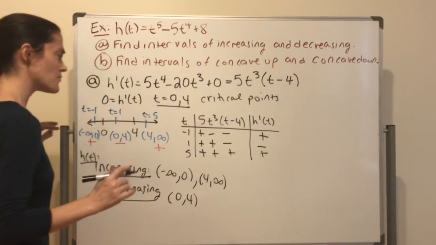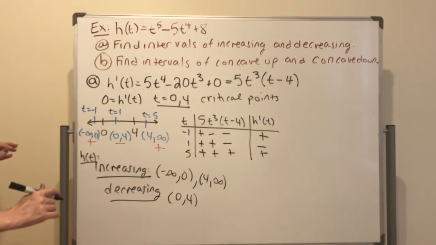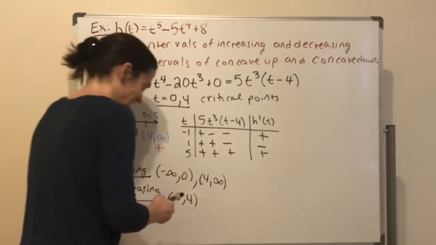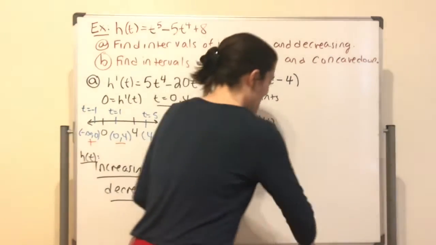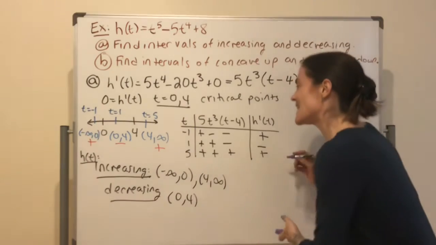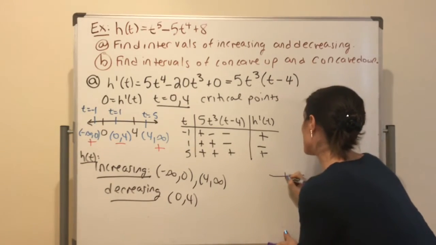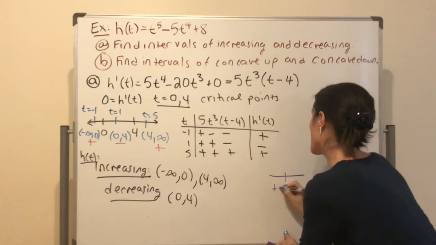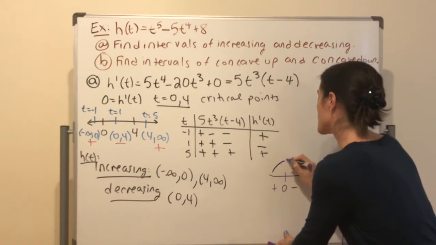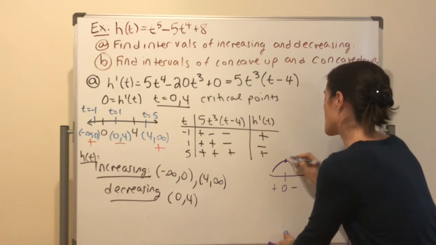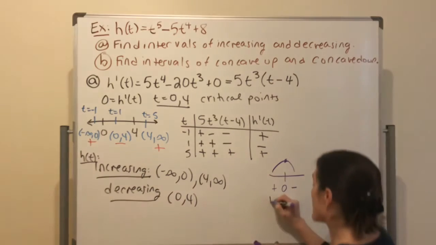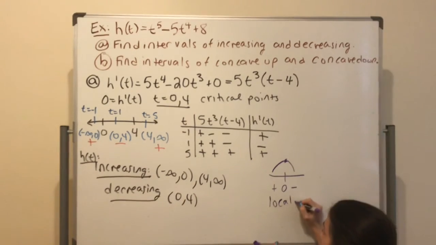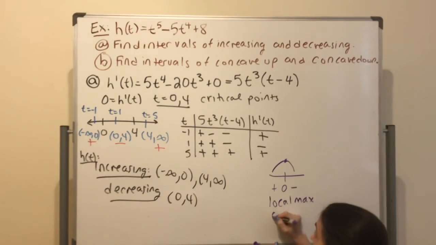But maybe before I do, just as a comment, I will do my comment in purple. Look, at 0, we have plus, minus. We are increasing and then we're decreasing. So we have a local max at t equals 0.